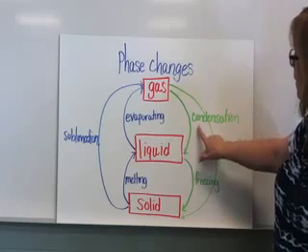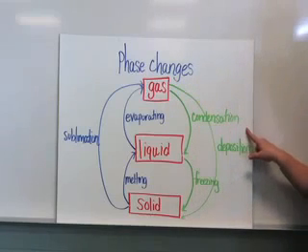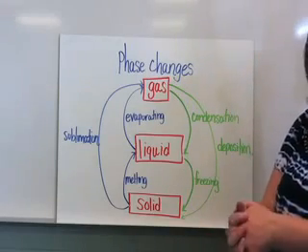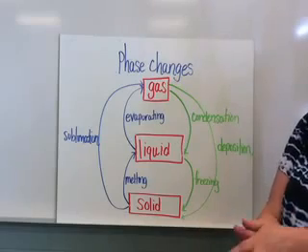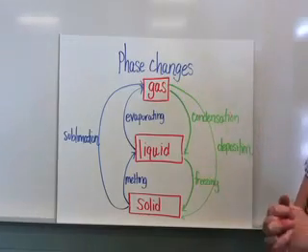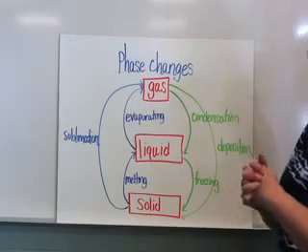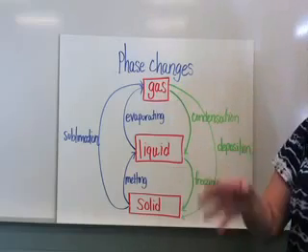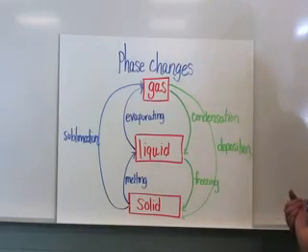Now, if we go in the opposite direction, if we have a gas and it goes down to a liquid, we call that condensation. So if you have a cold can of soda sitting out and it starts forming liquid droplets on the outside, that's from the cooling of the air, and then it's condensing down into a liquid and collecting on the outside of your soda.